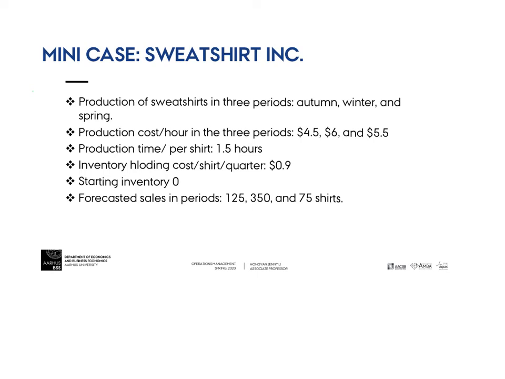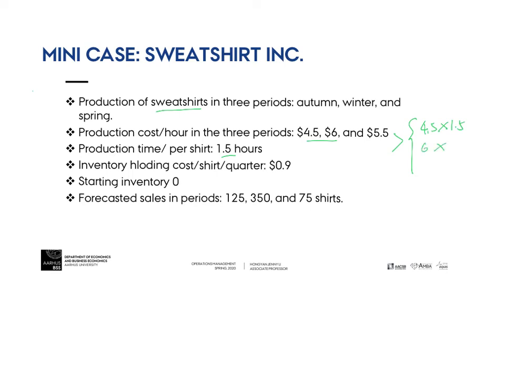So in this example, the sweatshirt company example, we know the company produces sweatshirts in 3 periods, and the unit production cost can be calculated here by using the cost per hour times the production time.